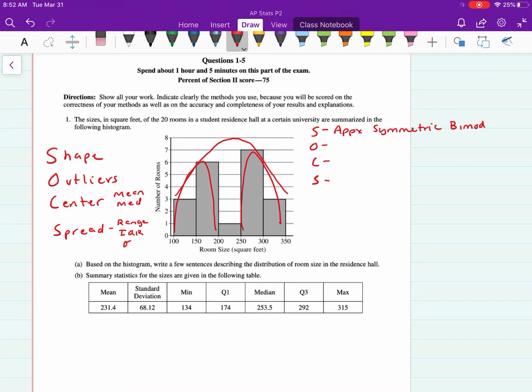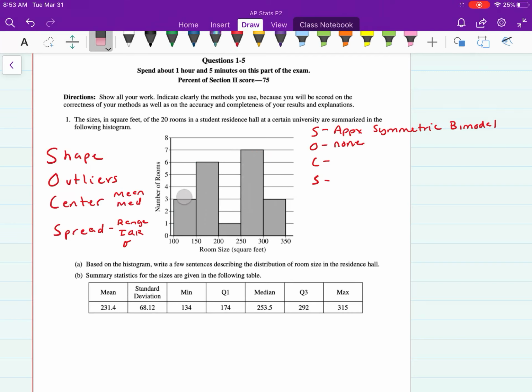I'm going to call this bimodal. We'll talk about that more later. Outliers, it doesn't really seem to have any from the picture. There is some data down here in part B that I can play around with to see if there's outliers, but for right now, looking at the histogram, I don't really see any data that's really small or really out there, so none.